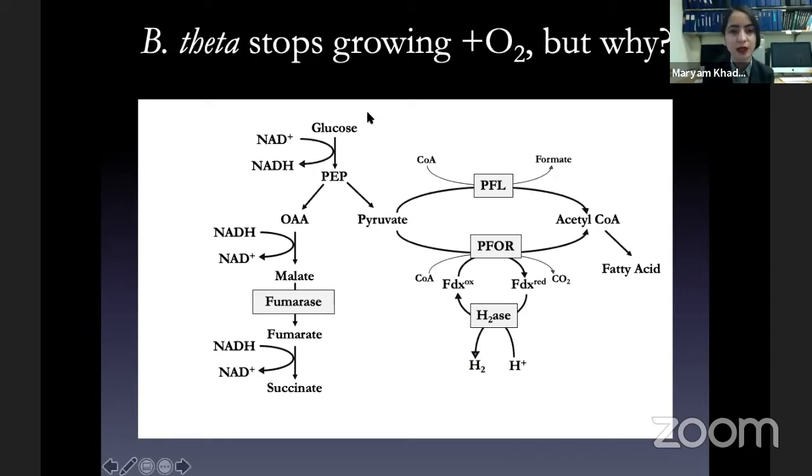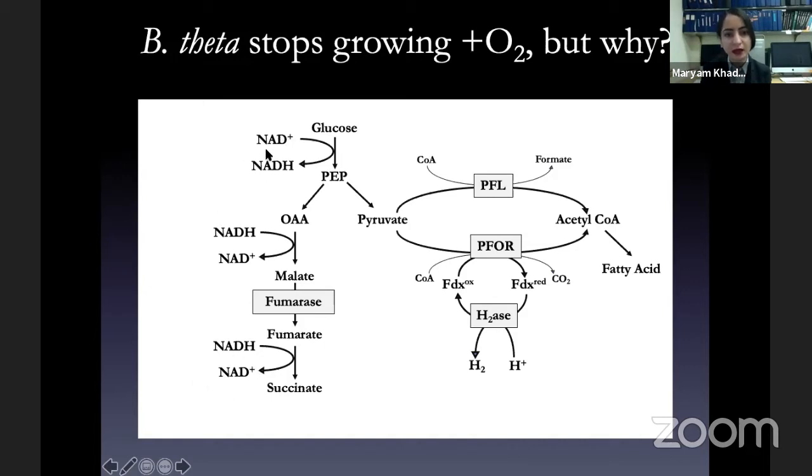It starts with glycolysis, where NAD is converted to NADH. We will end up with phosphoenolpyruvate, where the branching of metabolism happens in B theta. In one branch, we have what is basically the reverse half cycle of TCA, where phosphoenolpyruvate is converted to oxaloacetate, malate, fumarate, and succinate. Throughout this process, what is important is that we will regenerate NAD.